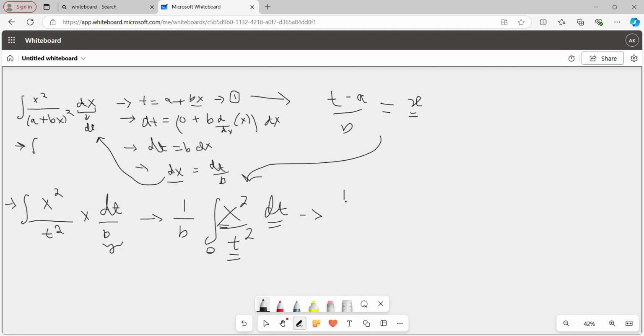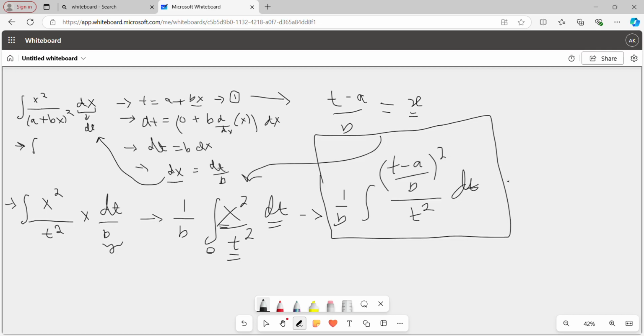So 1 by b integral (t minus a by b) whole square divided by t squared dt. This term looks quite beautiful honestly, because all the terms are in t. We have constants a and b, which makes this integral quite solvable. So let us solve this integral step by step.